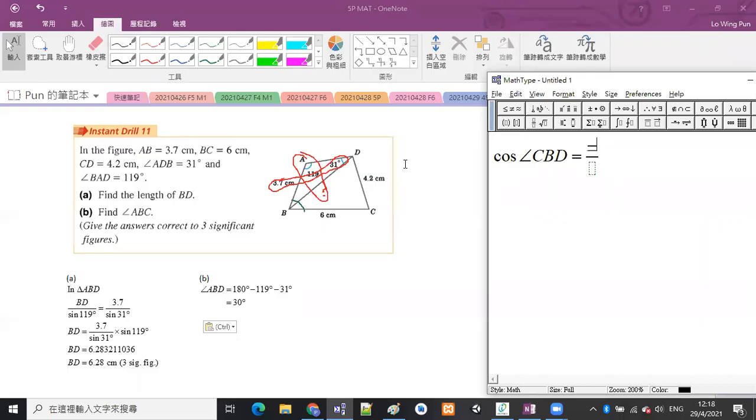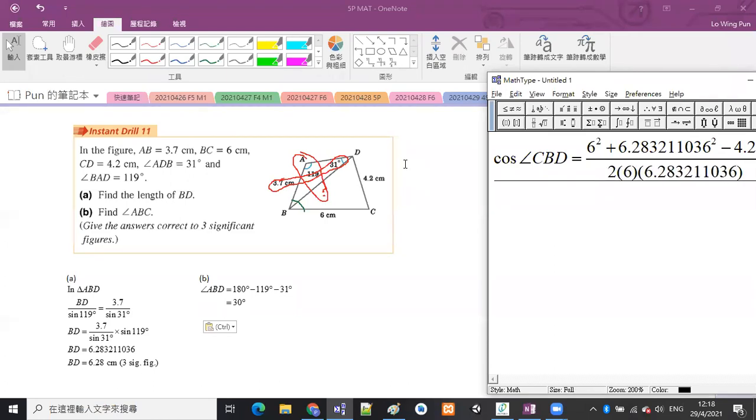Angle CBD is looking at 4.2, right? So it should be minus 4.2 square. And the other two lengths will be 6 square plus 6.2832111036 square, and then divide by 2 times 6 times 6.2832111036.